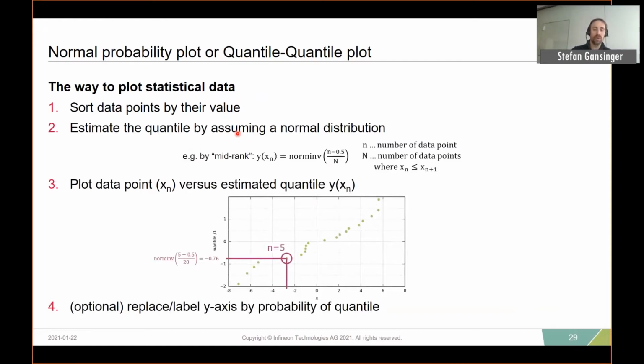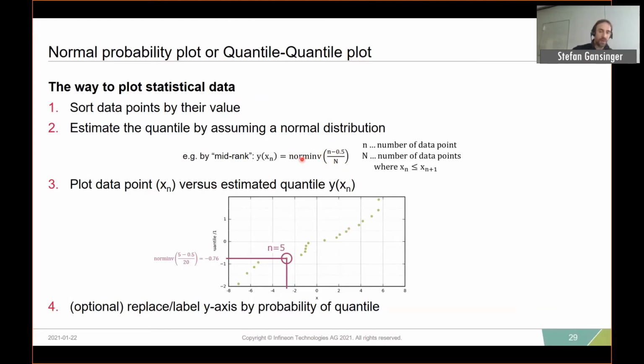And by doing so, we can calculate the probability if it were normally distributed. This is quite easy. We take the number of the data point, starting from the left, say the fifth data point, subtract 1.5 and divide it by the number of data points, so how many points we have. And then we calculate the quantile by using this function, so from the probability back to the quantile.